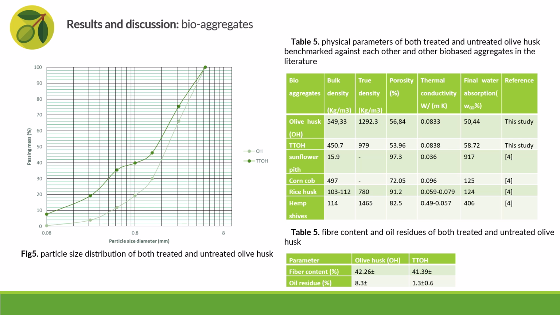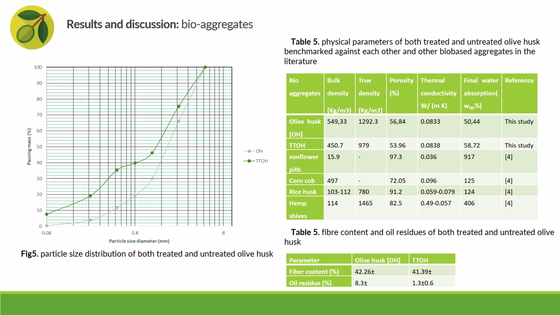After the treatment, the bulk density decreases to 451 kilograms per meter cube, with the porosity slightly reduced to 54%. These changes are consistent with the removal of residual oils and surface impurities, which lower the overall mass while subtly modifying the internal pore structure.